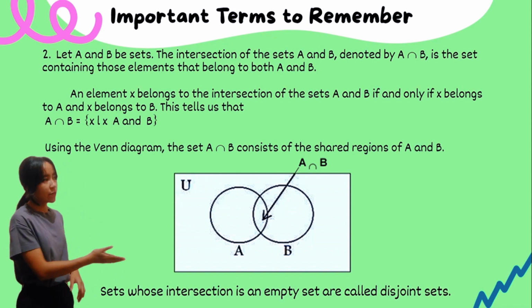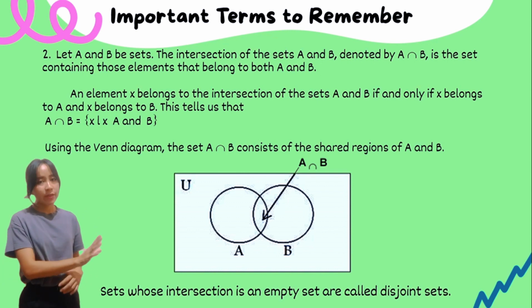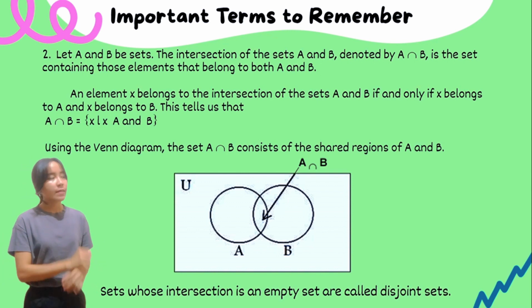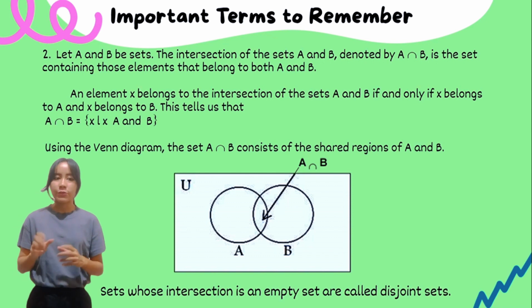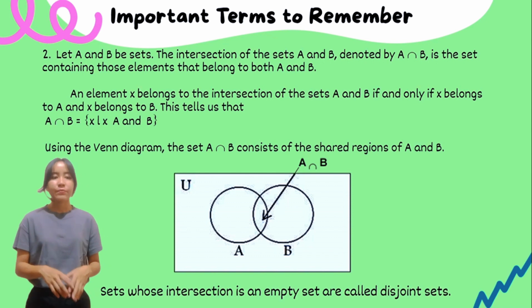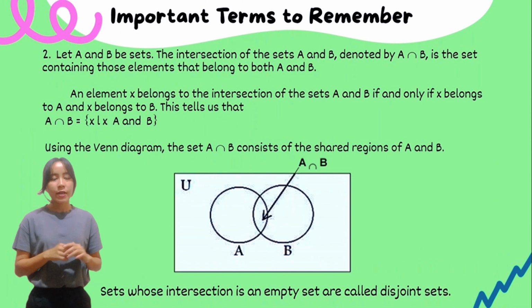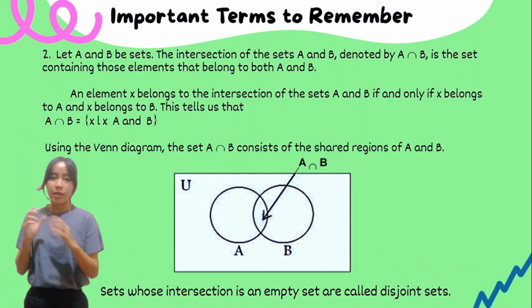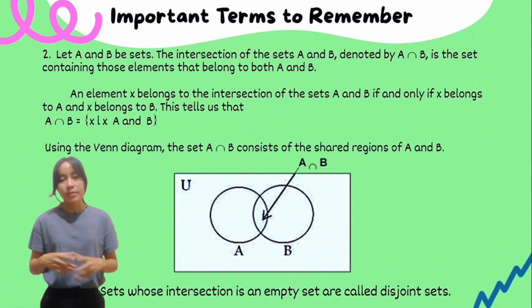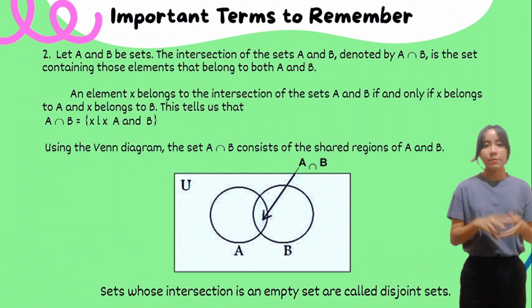So using the Venn diagram beside me, the set A intersection B consists of the shared region of A and B. Okay, so you can see the arrow, right? So, that is the intersection of set A and set B. So let's say, ang earlier na example is the family.